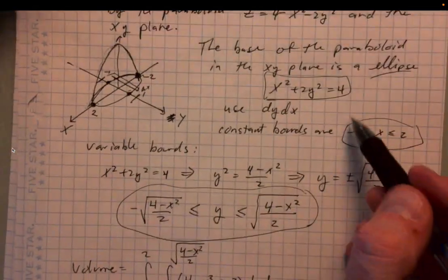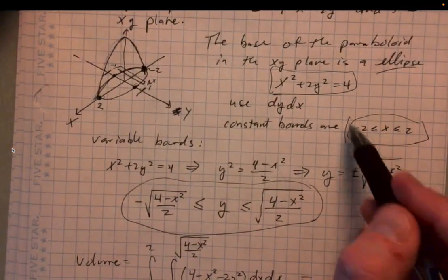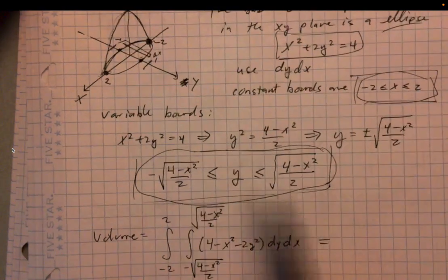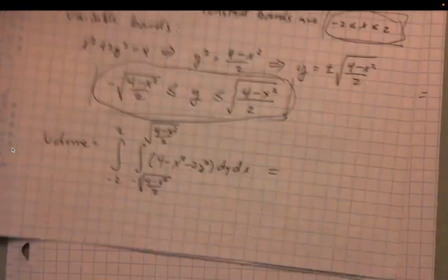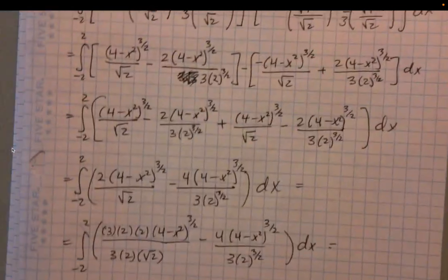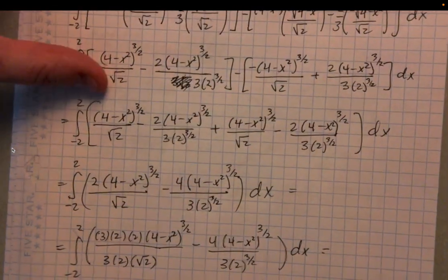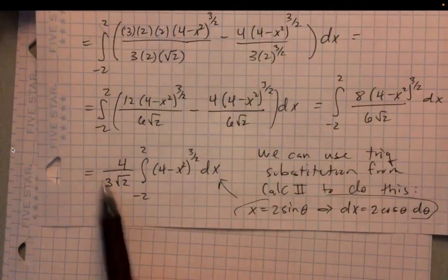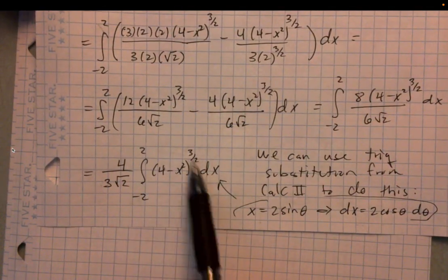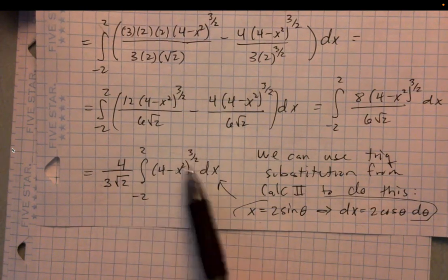What made this problem tricky is not the constant bounds of the outer integral, but the variable bounds of the inner integral, which had really nasty upper and lower bounds. When we plug all of that in, we had to go through a ton of algebra to sort it all out. We were finally able to reduce it to this expression here, and the outer integral is also not a totally straightforward one.